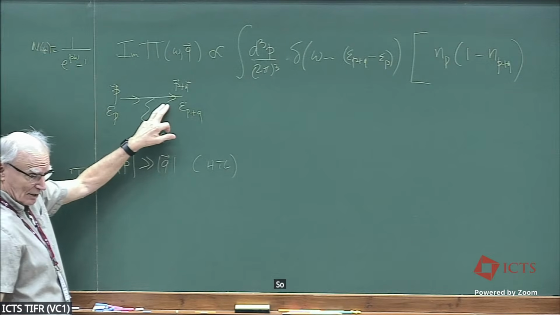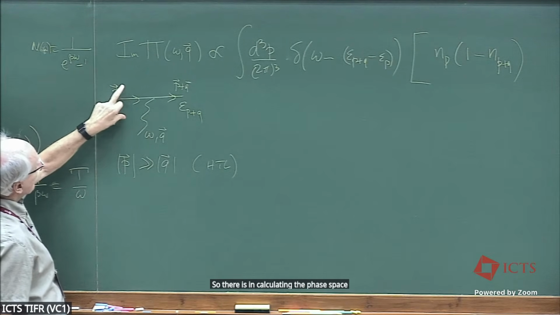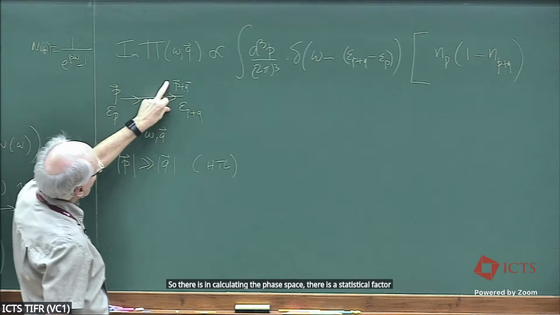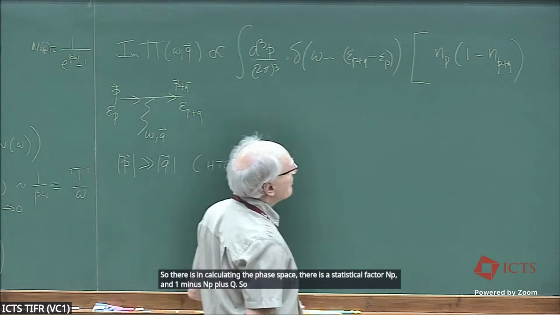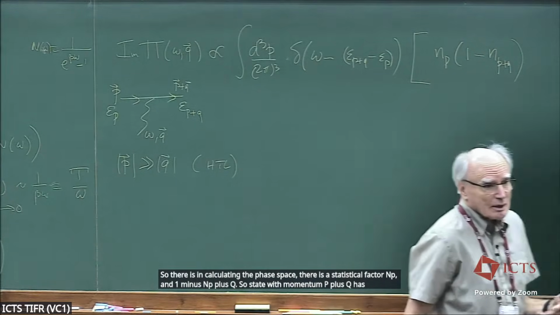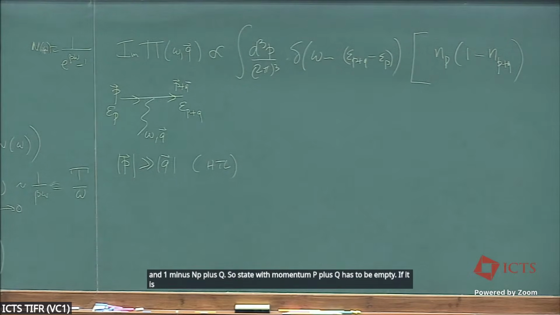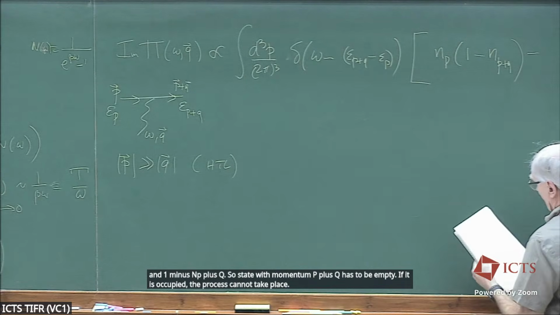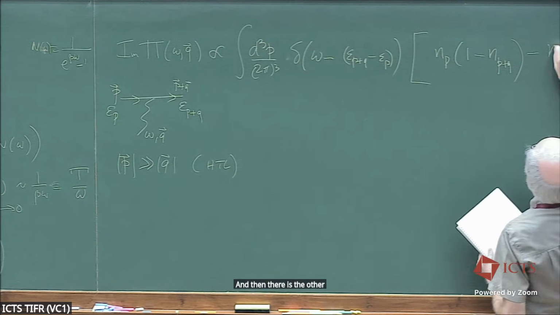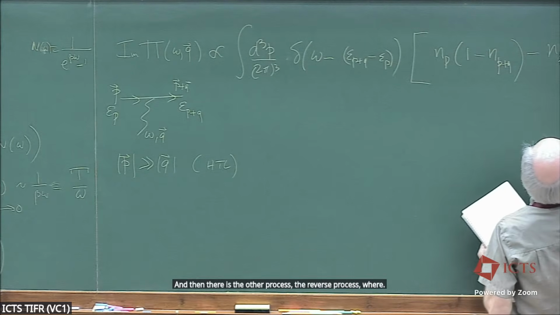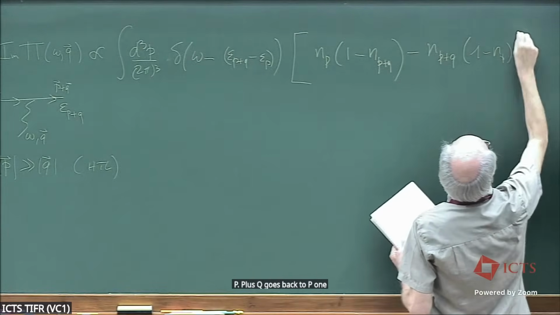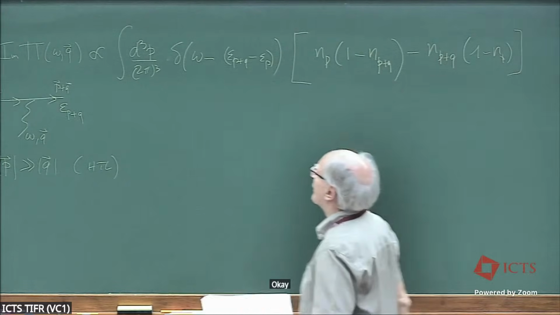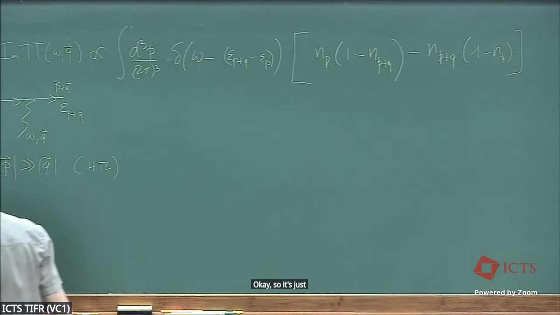So in calculating the phase space, there is a statistical factor n of p, and 1 minus n of p plus q. The state with momentum p plus q has to be empty. If it is occupied, the process cannot take place. And then there is the other process, the reverse process, where p plus q goes back to p, with 1 minus n of p. Okay? So it's just a very simple phase space argument.